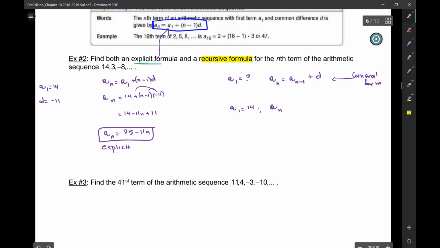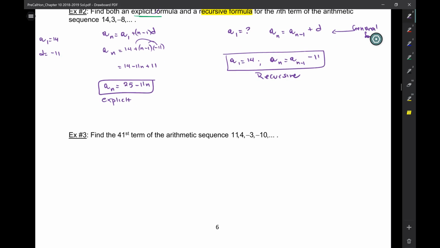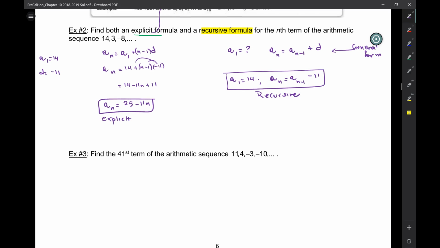And then AN is A n minus 1 minus 11. That's the recursive. Yeah, you need to give both of those because you need to have a starting point. Okay?